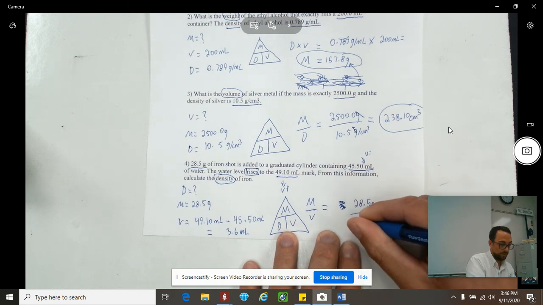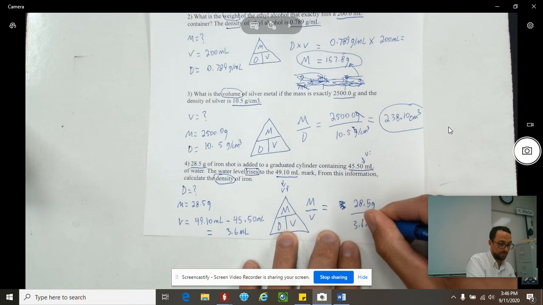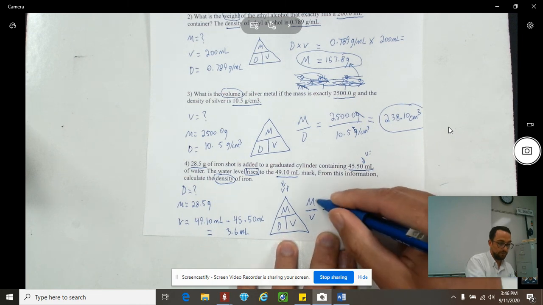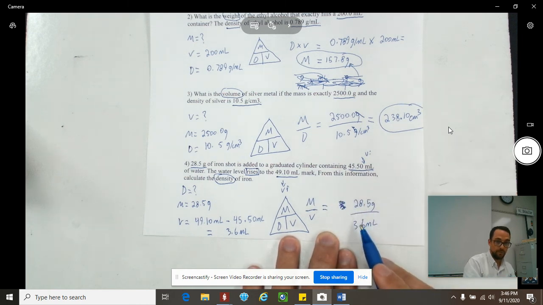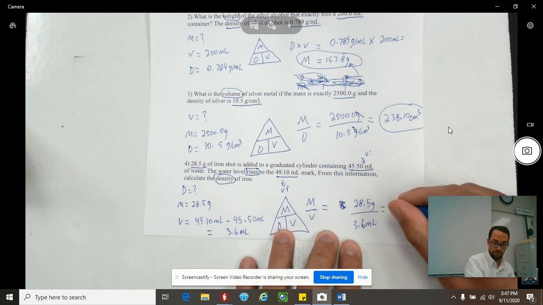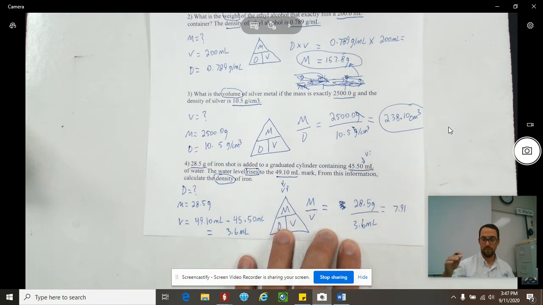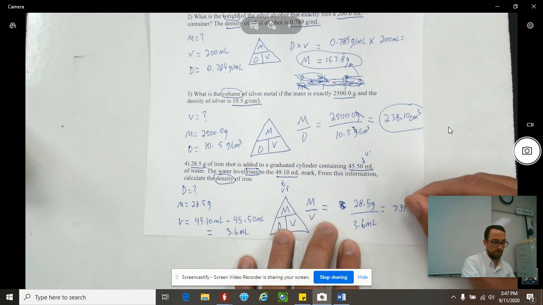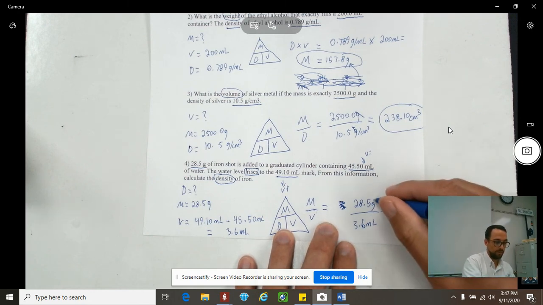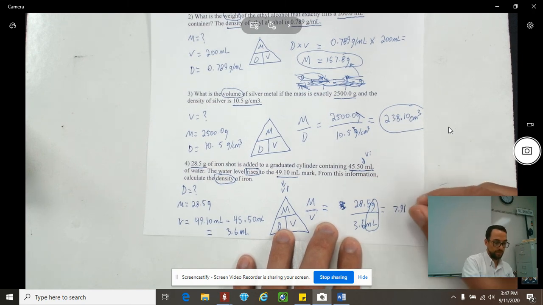Okay, and then 3.6 milliliters. So just plug in the variables. There are our new numbers, and that would equal, when I put it in the calculator, 7.91. I think it's like 11111 or something. We'll just round up. And what is the unit I'm going to use? Once again, g over mL is right there. So I'm going to put g over mL.